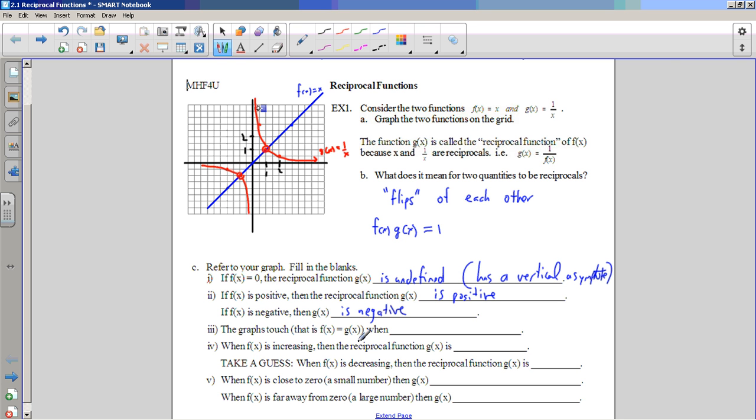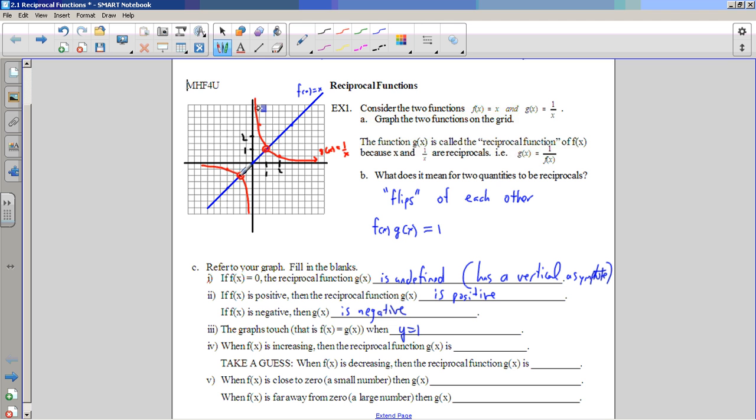When the graphs touch, that is, when f of x equals g of x, well, what happens? It's this point here. In fact, it's when I flip the output, if I flip the y value and it doesn't change. So when f of x and g of x are equal, it's when y equals 1.